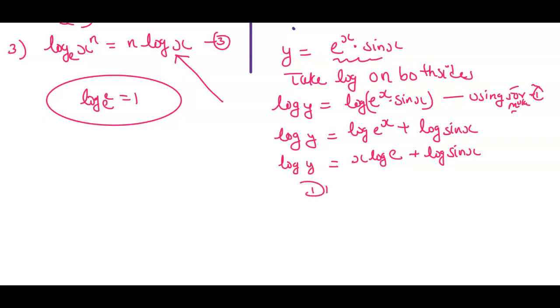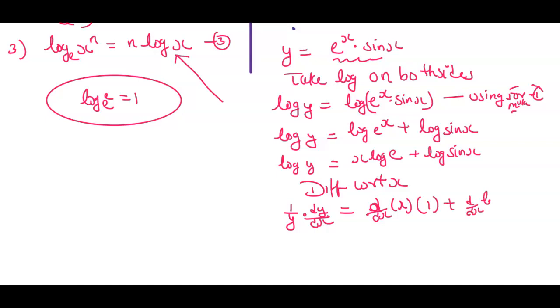Now differentiate with respect to x, which is 1 upon y dy by dx. x log e has to be taken as only x, so we have d by dx of x, log e is 1, plus d by dx of log sin x.